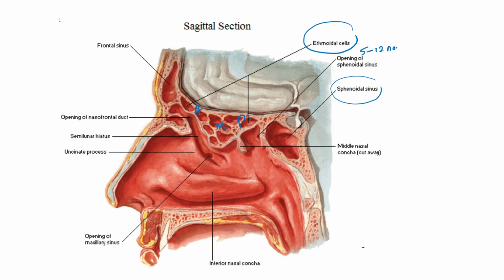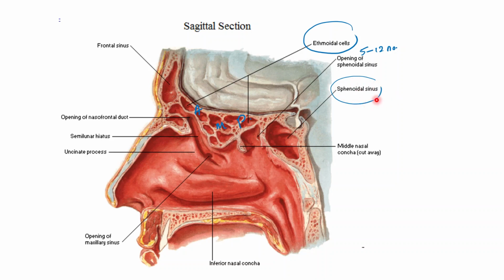This sphenoidal air sinus may be seen to extend up to the anterior margin of the foramen magnum.